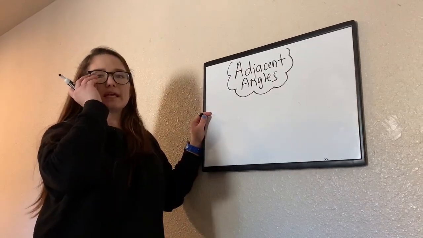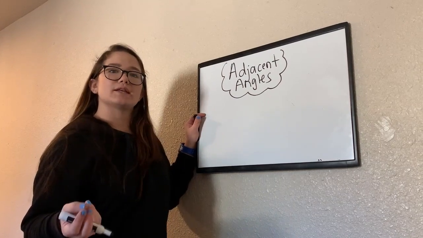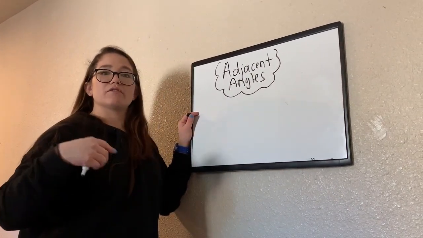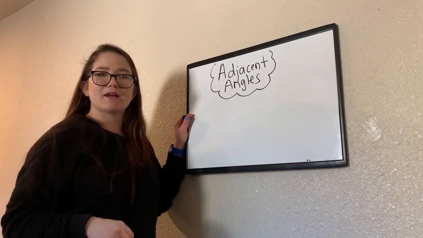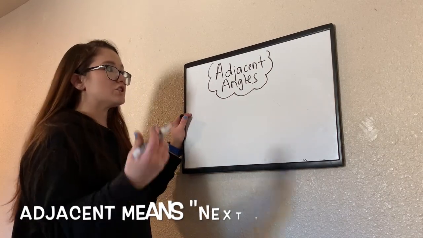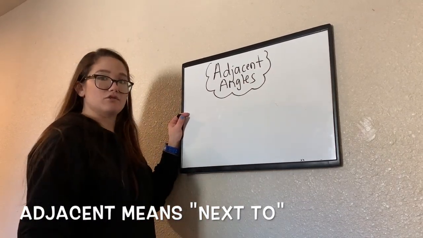All right, so an adjacent angle, we use the word adjacent in everyday life as well. If somebody was standing next to me, or if Paul was standing next to me, I could say Paul is adjacent to me. So adjacent means next to.